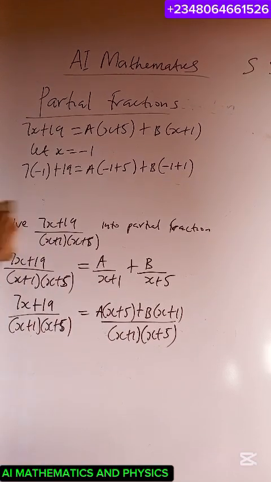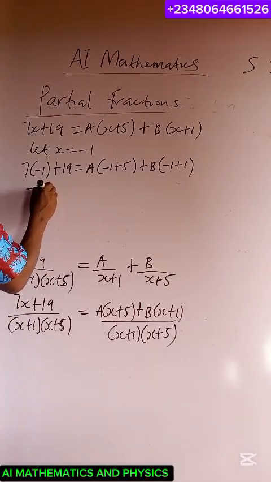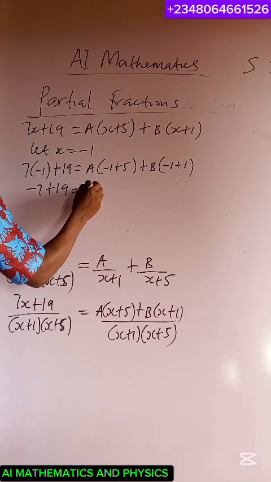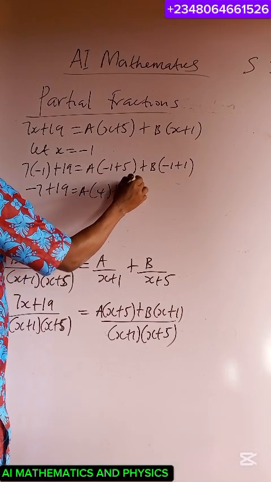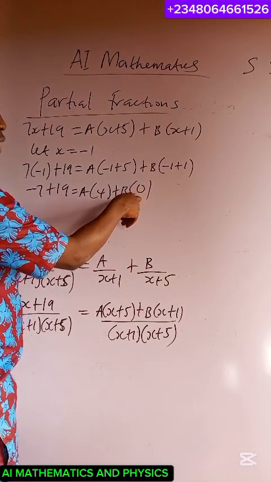You can see now that 7 times minus 1, that's minus 7 plus 19 equal to a times 4, plus b times 0. Our aim is to get 0 in the bracket, and we are able to get it.